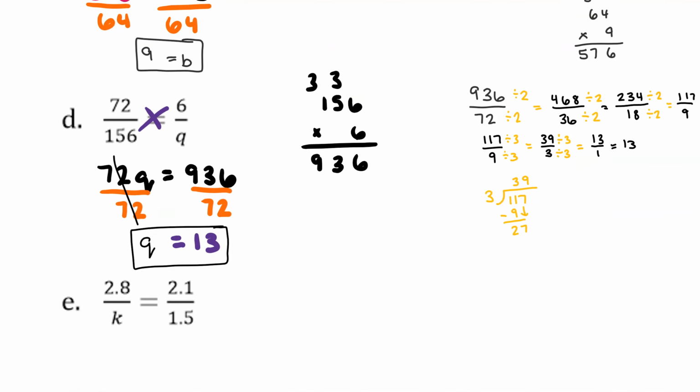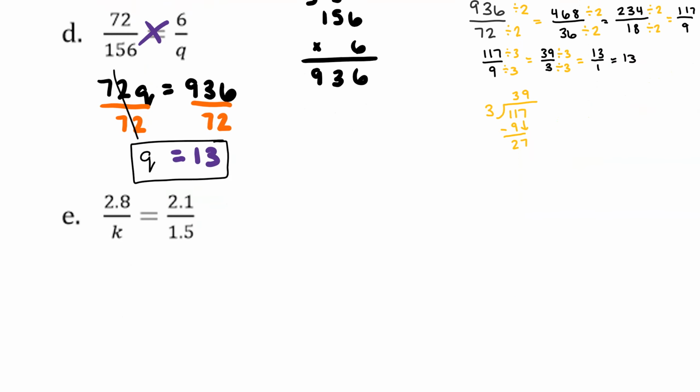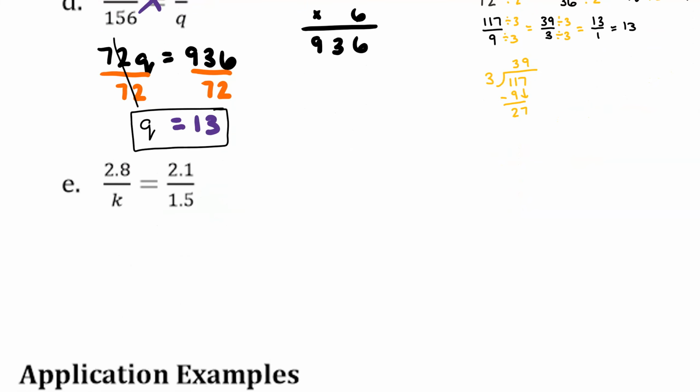Let's try another one. So 2.8 over K equals 2.1 divided by 1.5. So now, you could kill all of these decimals by multiplying everything by 10, and that includes the K. But let's review decimal multiplication here.